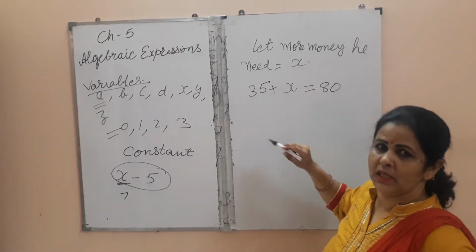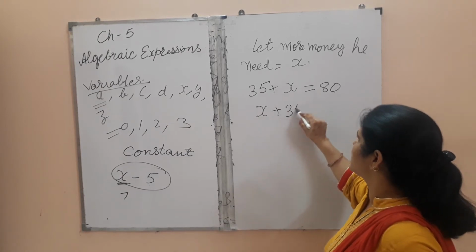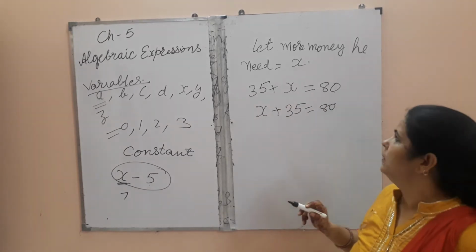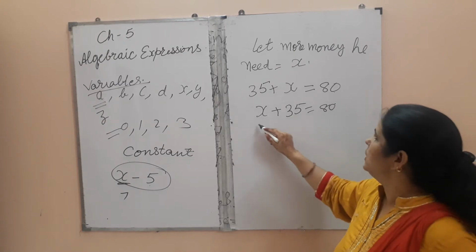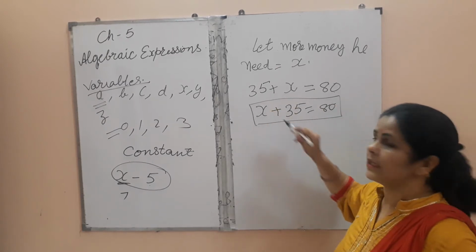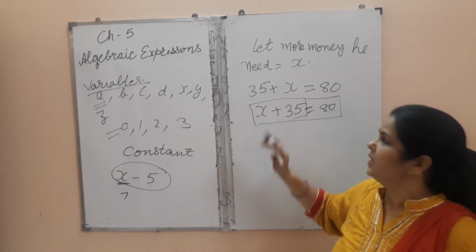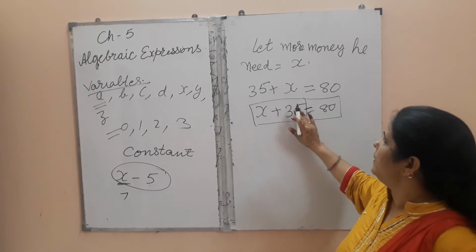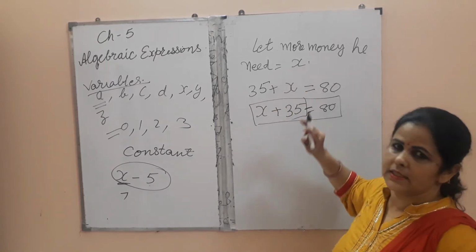So 35 plus x equals 80, or we can write it as x plus 35 equals 80. According to the commutative property, we can change the places in addition. So this is not an expression, this is an equation, because the equal to sign is there now. Only this is the expression: 35 rupees he has, and how much more money he will need, that is x.